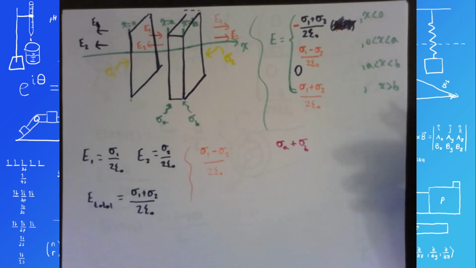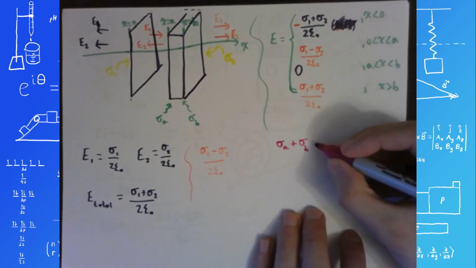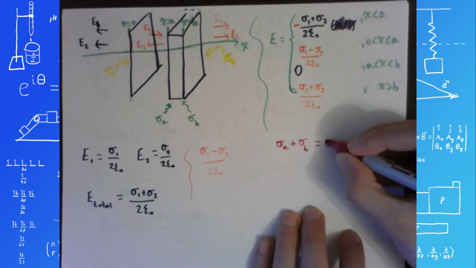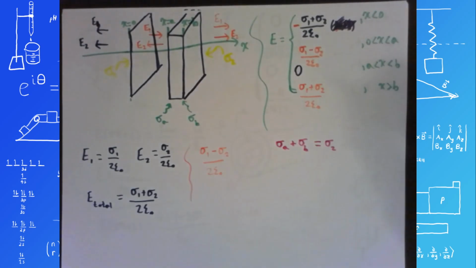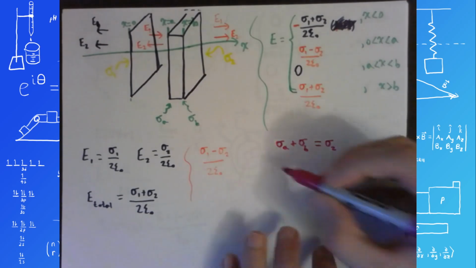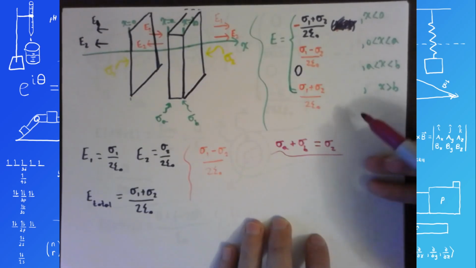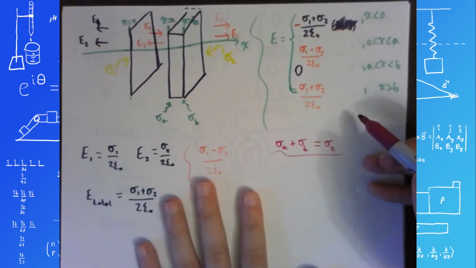Let me think about what I'm about to say, because this is a common pitfall. Sigma A plus sigma B has to equal sigma 2. Okay, good. Sigma A plus sigma B has to add up to sigma 2.